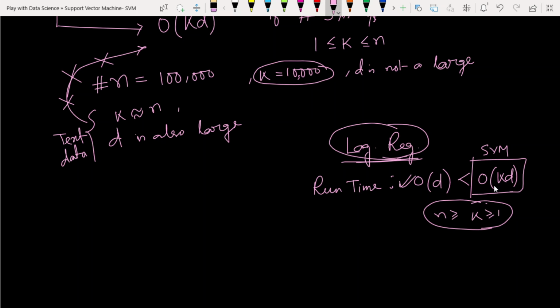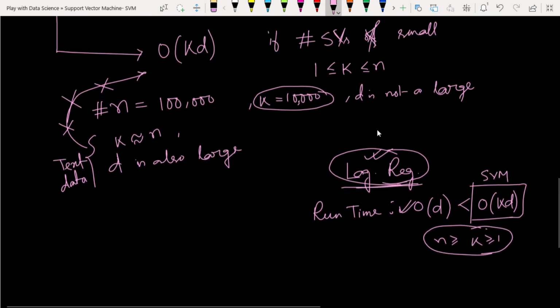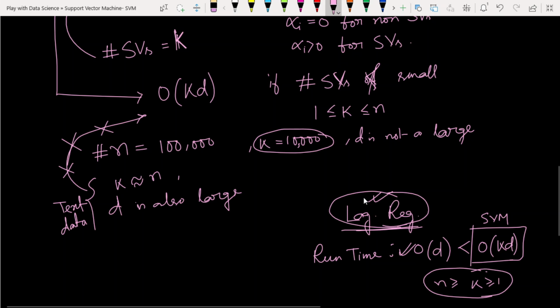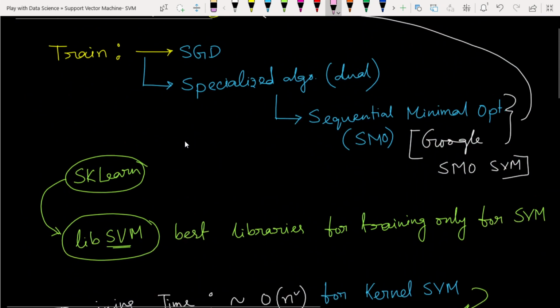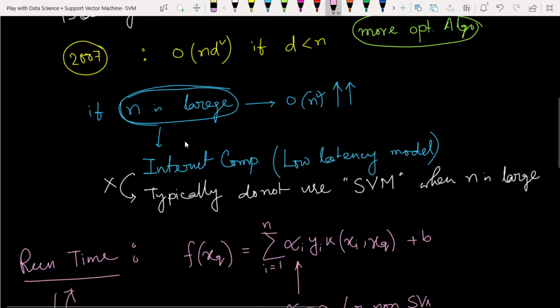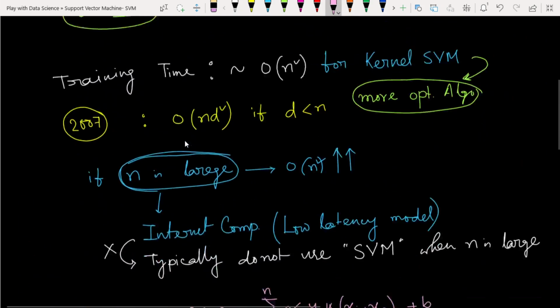Order of d is always better than order of kd. So for runtime purposes, logistic regression is always better than SVM. Okay, I think you see the differences between logistic regression and SVM runtime complexities.